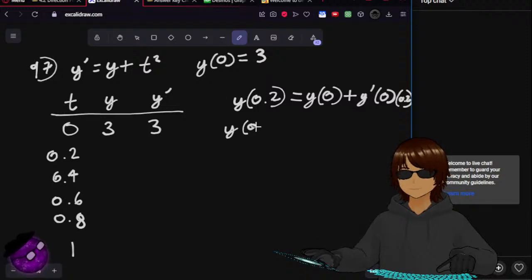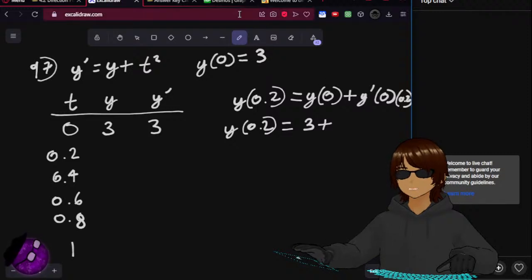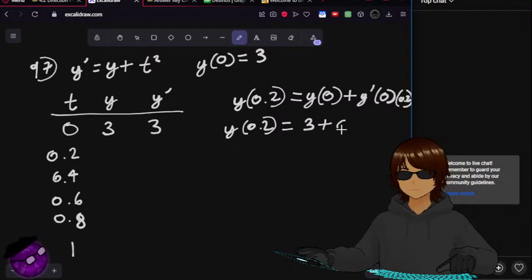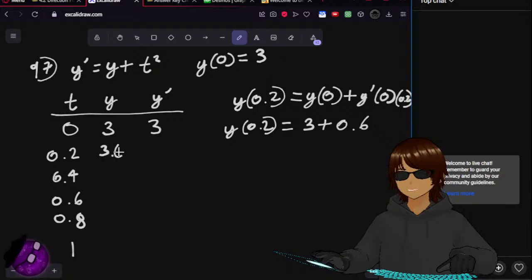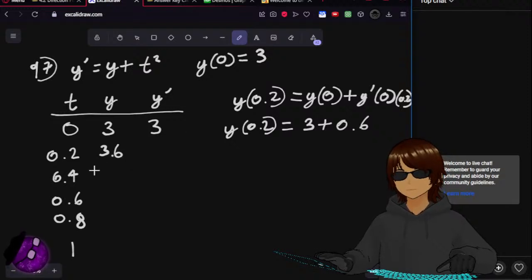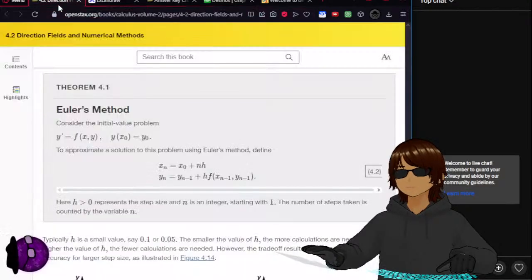So then y0 is 3 plus 3 times 0.2, 0.6, which gives 3.6. The derivative will always remain 3, right?